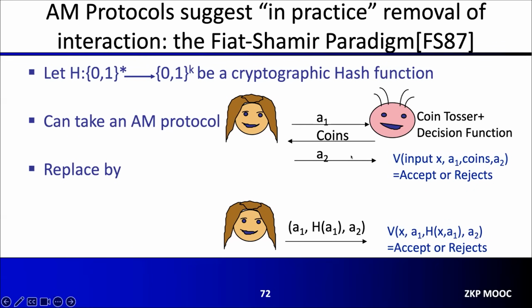Now, getting rid of interaction is a big one. If we can transform all this so that the prover is just sending a string, that would be amazing. How could you get rid of interaction?